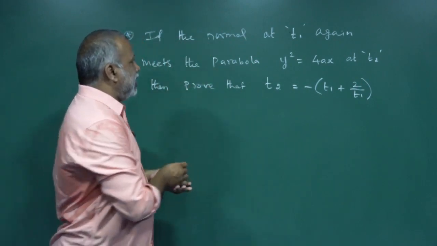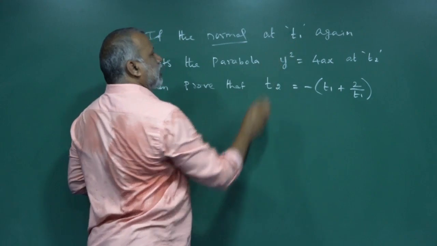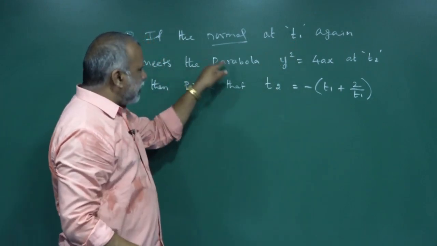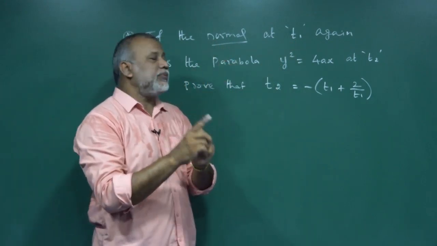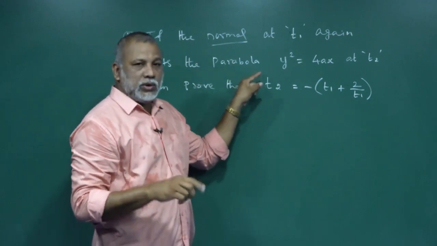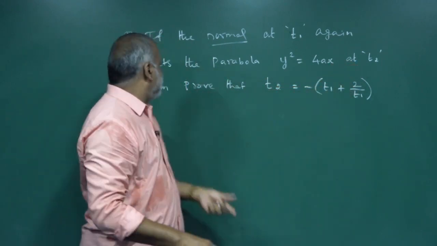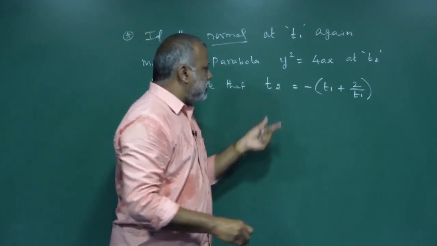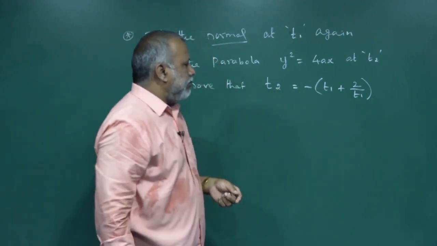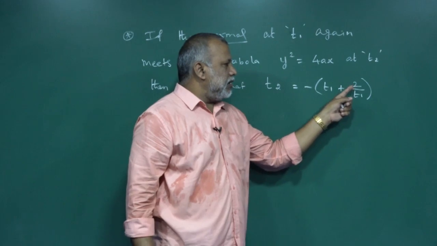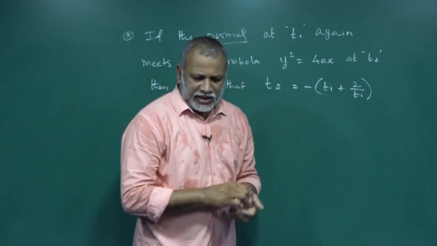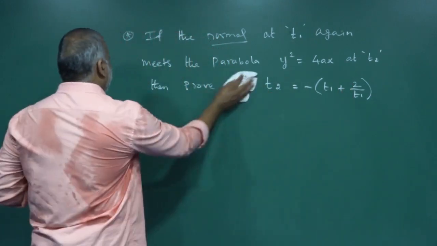We need the normal at t1 that again meets the parabola. This is only one normal. It meets the parabola y squared equal to 4ax, that's the standard equation, at the point t2. So we are going to prove this concept: t2 equal to minus of t1 plus 2 by t1. Listen carefully, very simple concept only.